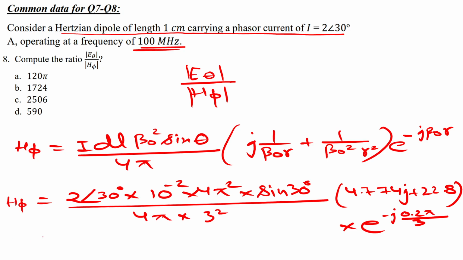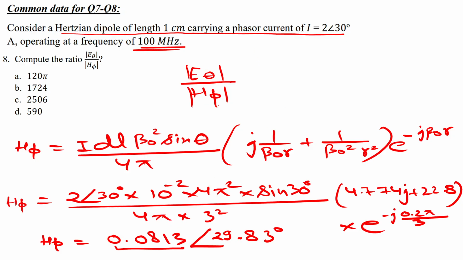So when we calculate this, we will get H phi as 0.0813 with angle, writing it in phasor form, 29.83 degrees. And we just have to take the ratio of the magnitudes.